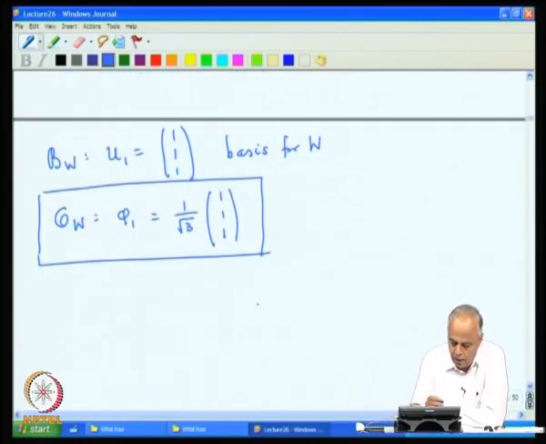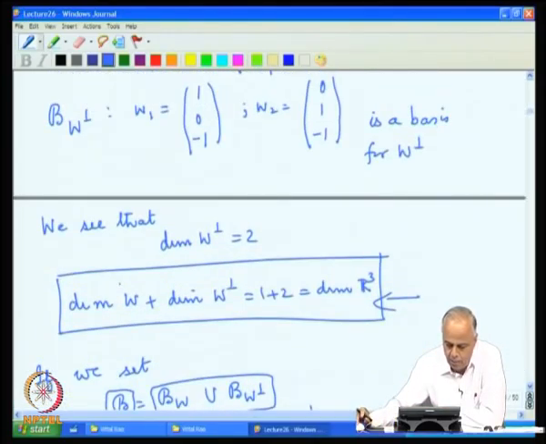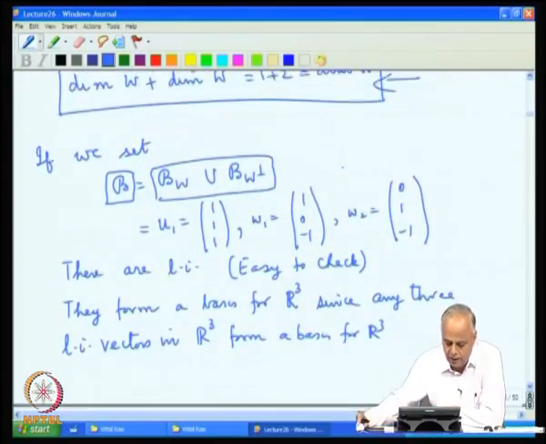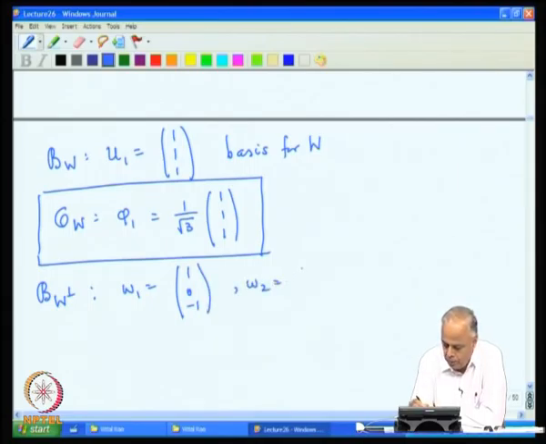Now, let us look at BW perp. You may recall we have the W perp basis as w1 and w2. This is the basis for W perp. Let us take these two vectors, w1, which is (1, 0, -1), and w2, which is (0, 1, -1).